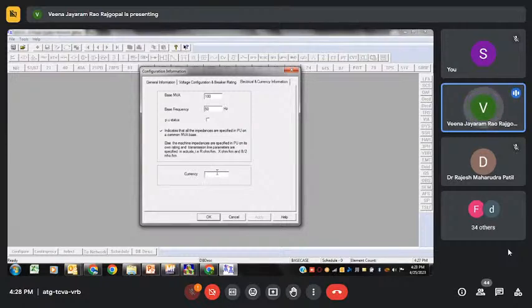But if you're doing it for a Singapore client, it has to be SGD, or Hong Kong dollars, or if you're doing it for Qatar, maybe dirhams or dinars, whatever the currency. You can put that currency here, and your report is going to show this currency. So now I'm going to leave it as it is.